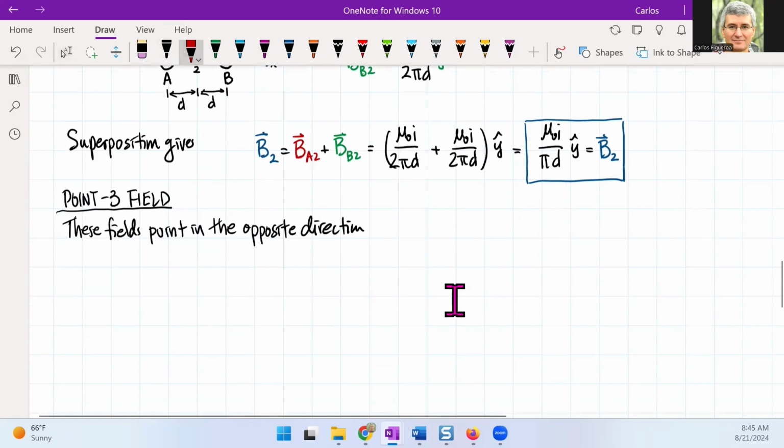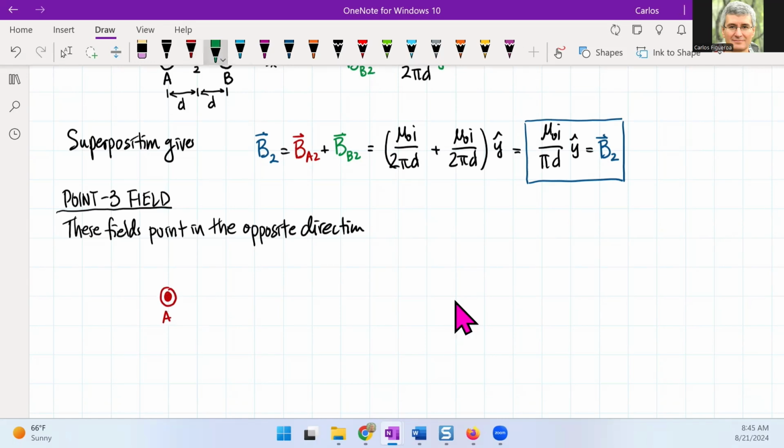So if I have my magnetic field here of A, and I have my magnetic field of B here, then point 3 is right here. This is going to be point 3.